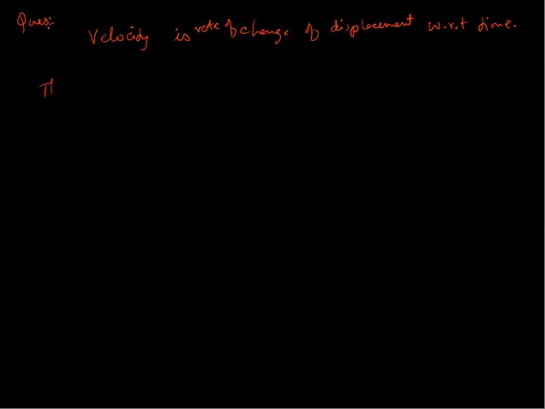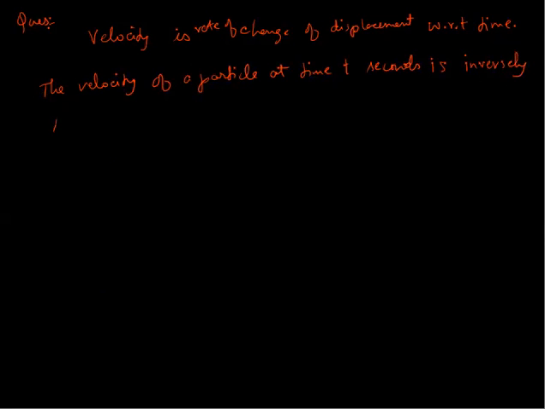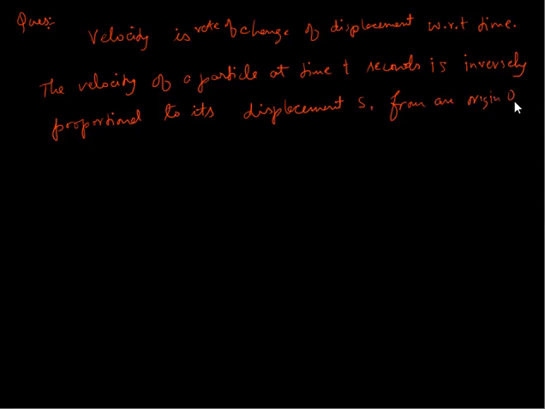Now it says the velocity of a particle at time t seconds is inversely proportional to its displacement s from an origin O. Okay, so this is the statement given to us.